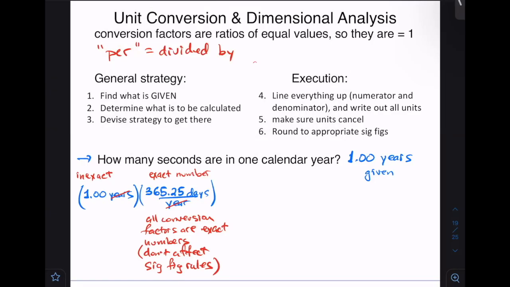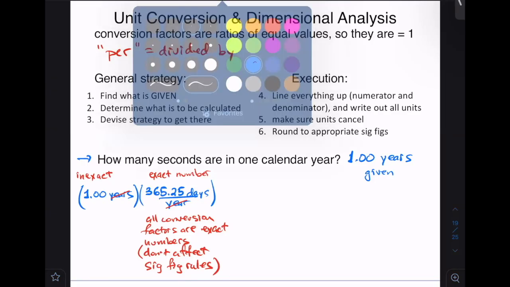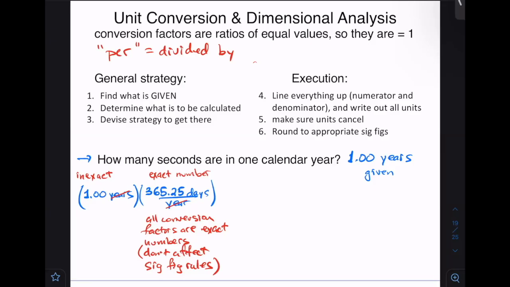So my strategy here is I'm going to go from days to hours per day, and then I'll go minutes per hour, and then I'll go seconds per minute. And each step, I'm going to set this up as a conversion factor. All right. In every one day, how many hours are there? 24. Again, this is a counting number.